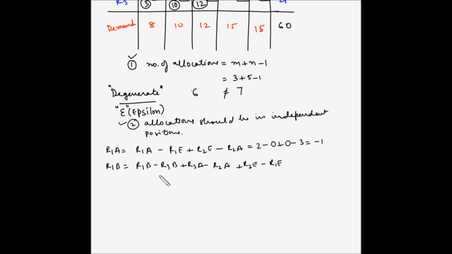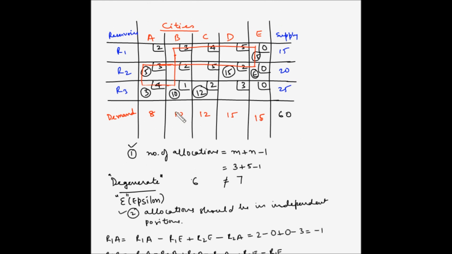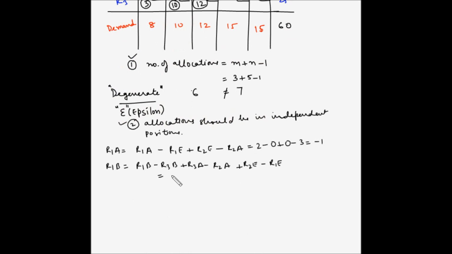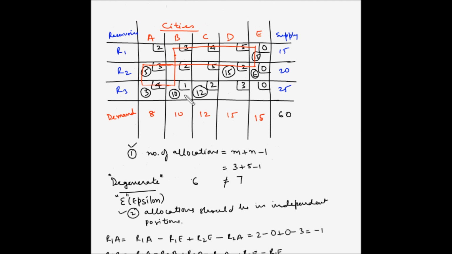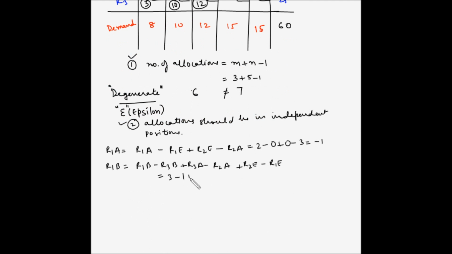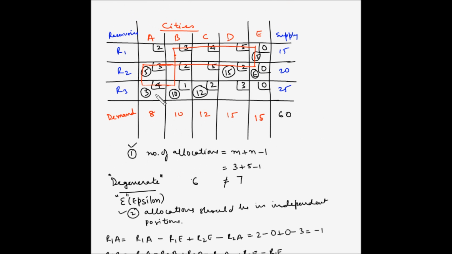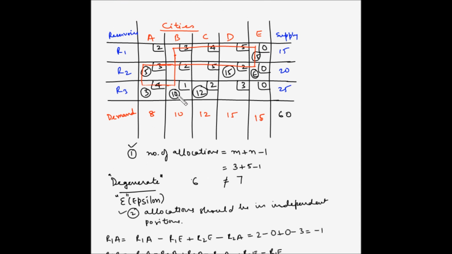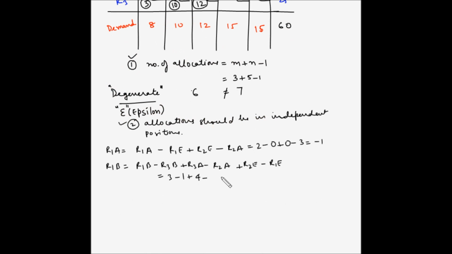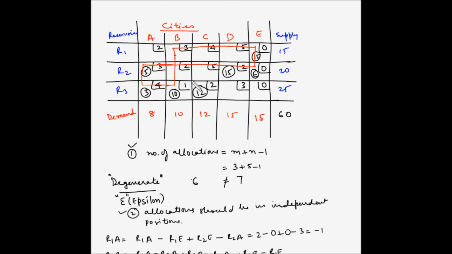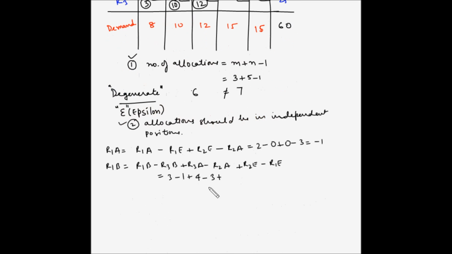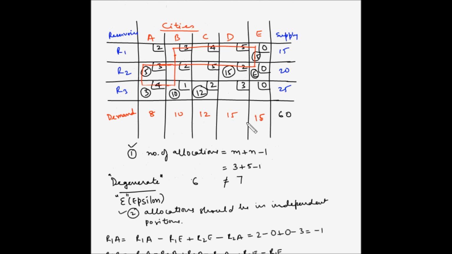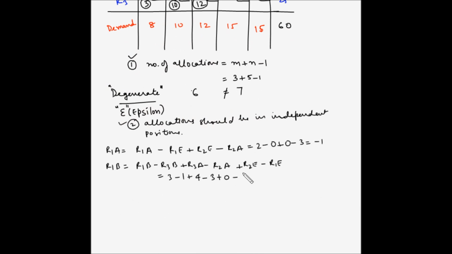Now we have to fill in the values of the cost for each of these squares. So R1B is 3, R3B is 1, R3A is 4, R2A is 3, R2E is 0, R1E is 0.